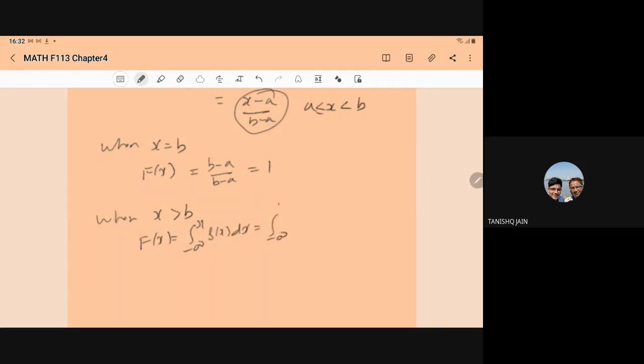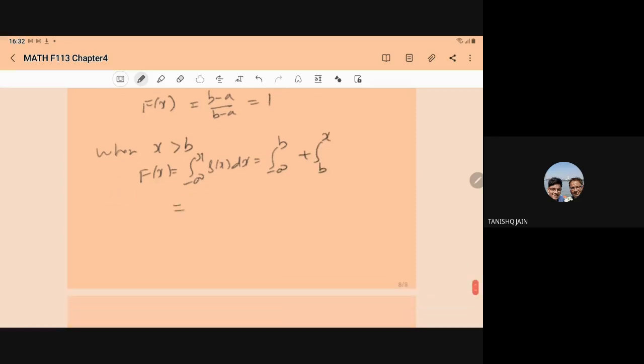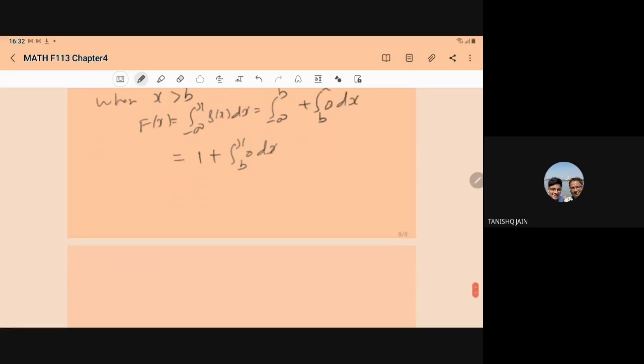So minus infinity to b plus b to x. So this will become minus infinity to b, that is 1, plus b to x 0 dx. In this case the integrand is 0. So that will become 0.